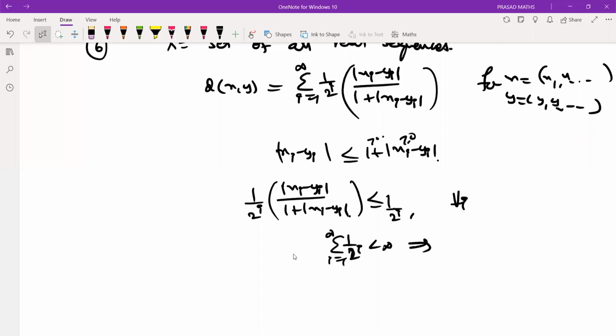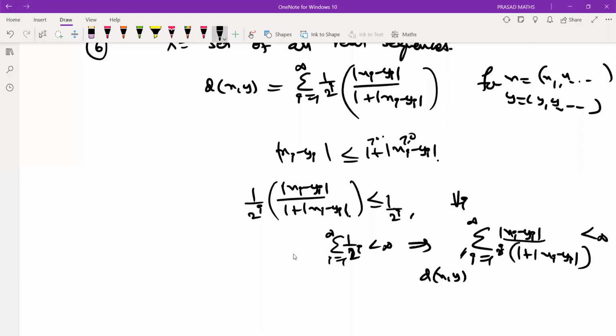So it implies that the sum of 1 by 2 power i times mod xi minus yi by 1 plus mod xi minus yi is convergent. But this is exactly the distance between x and y. So this function is well defined.